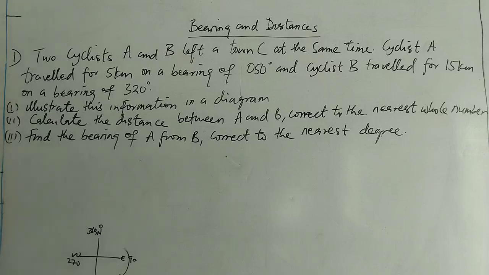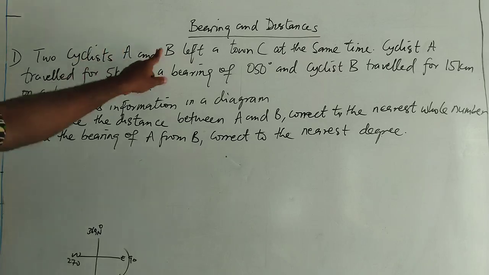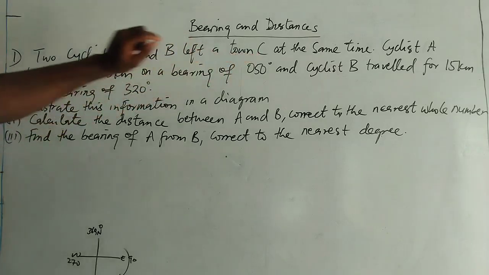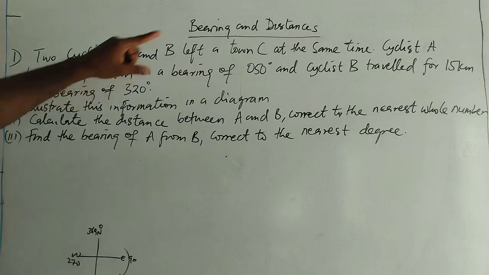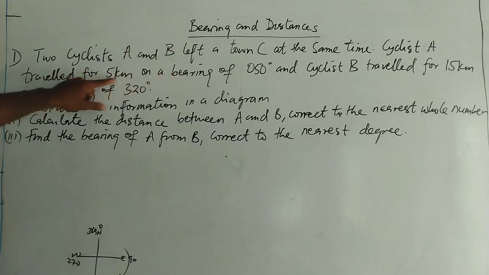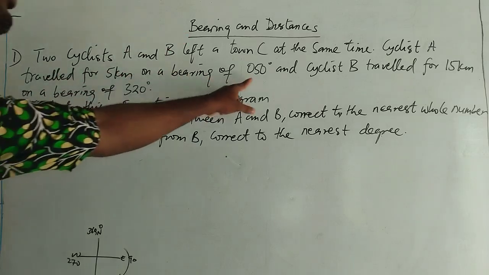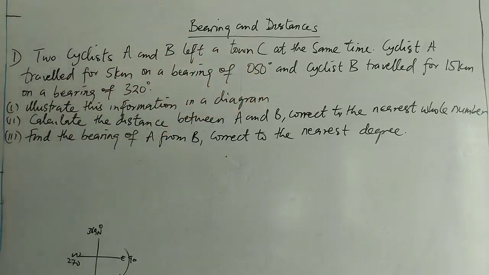Okay. Now, let's start. The question says, both cyclists left town C. And it says, cyclist A traveled for 5 kilometers on a bearing of 050 degrees. And 050 is between 0 and 90.